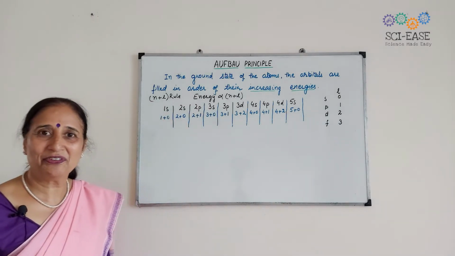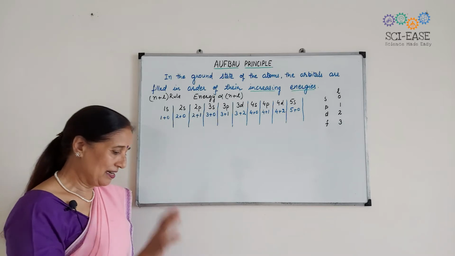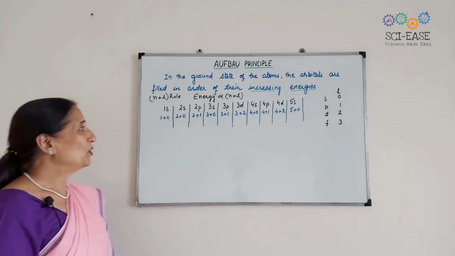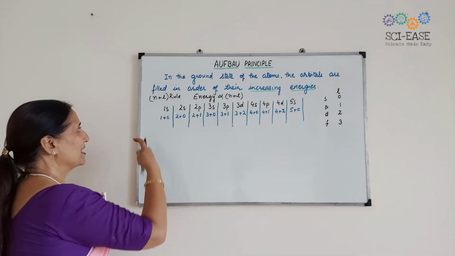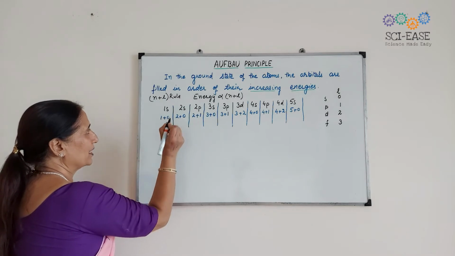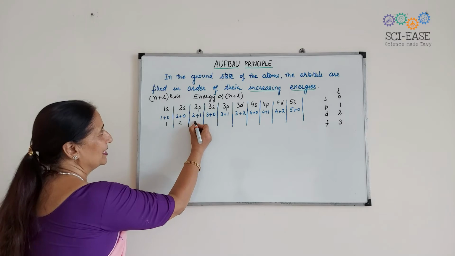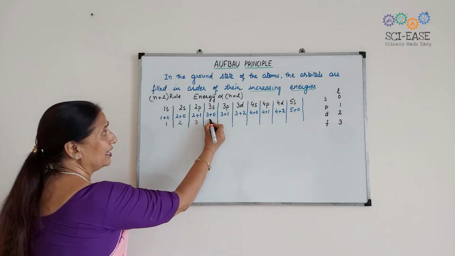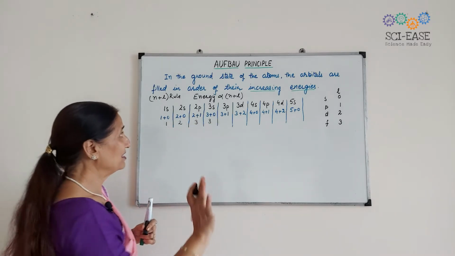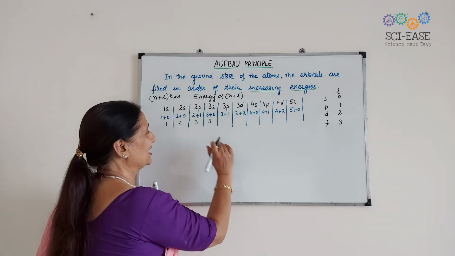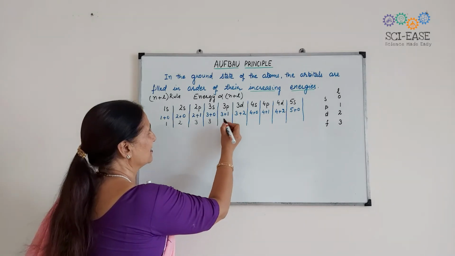Now, is it clear to all of you? I have written n plus l. Now add them, okay? Add them. It is 1. It is 2. This is 3. And again this is 3. I will tell you later on how you will arrange them in increasing order of their energies.